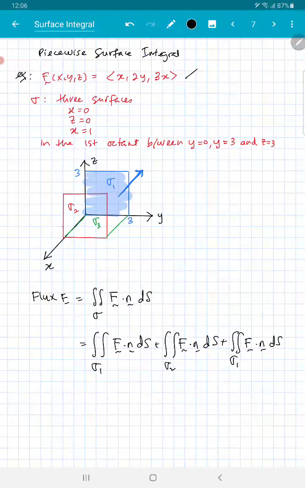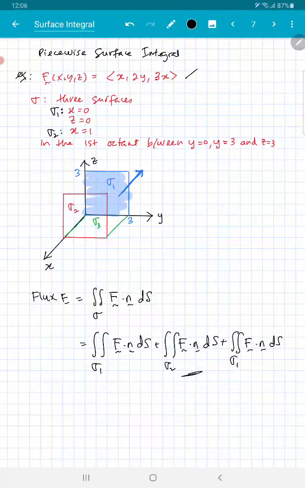Now we're going to evaluate the flux of F over surface sigma 2. Here I'm using x equals 0 as sigma 1. For sigma 2 we have x equals 1, so I'm going to call this sigma 2.